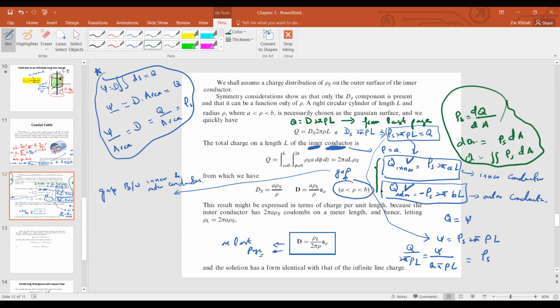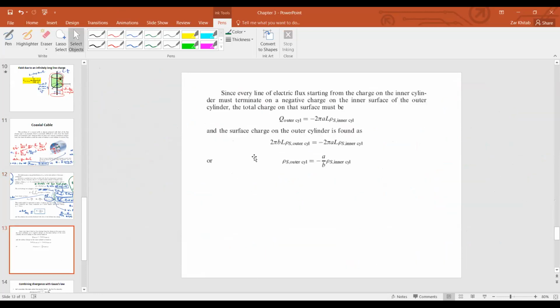Taking these two equations combined together, you end up that Q outer is 2 pi A L rho S from the last page.